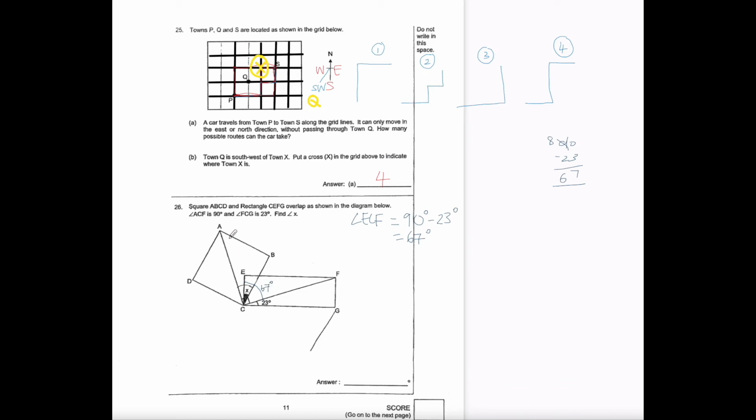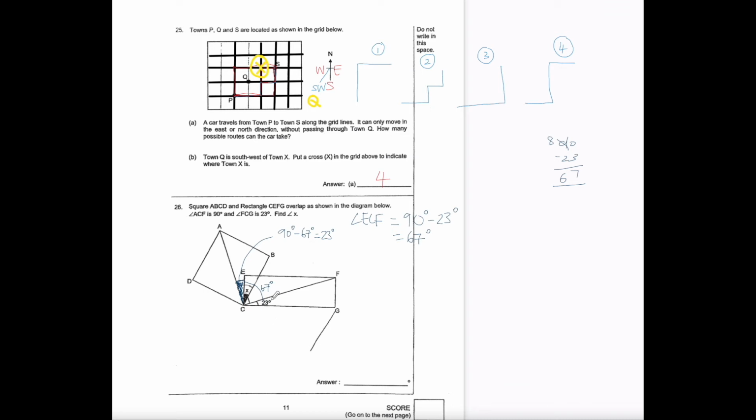Let's try and find out what is ACF. Oh, ACE first. Because you realize that they say that this is a right angle, so ACE over here, this small little angle, would just be 90 degrees minus away 67 degrees, which I'm going to get as 23 degrees. Okay, so this part shaded in blue is 23 degrees.